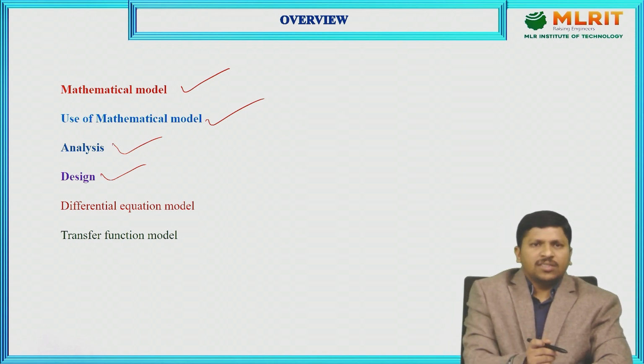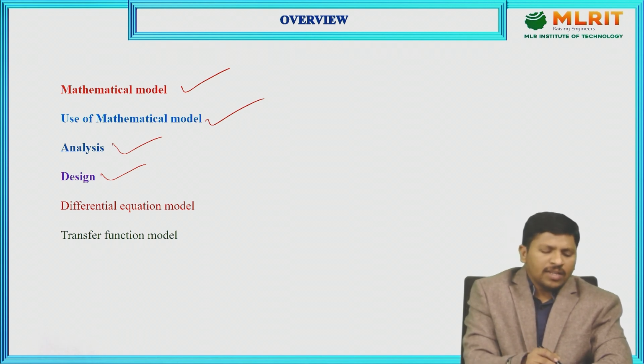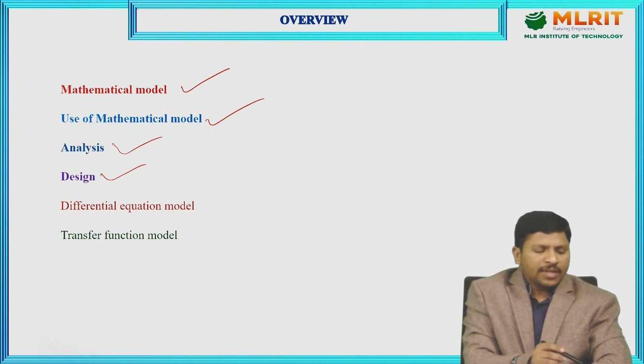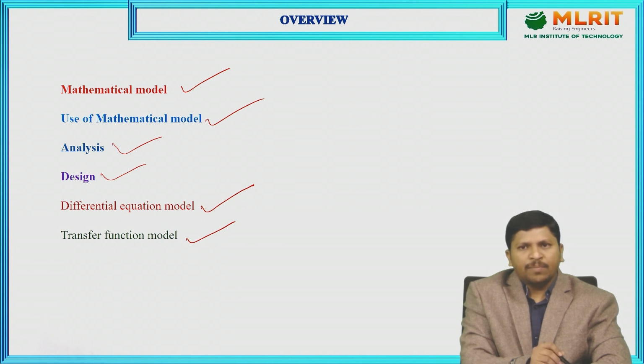These are the differential equation model, the transfer function model, and the state space model. The state space model we learn only in the 5th unit, but in this unit we learn the differential equation model as well as the transfer function model.